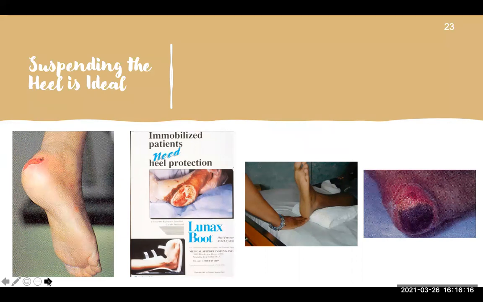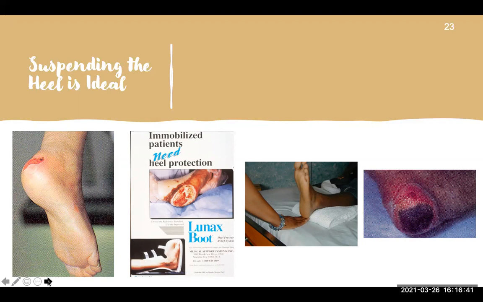We want to caution patients about using donut devices. You may see them bring in their own donut device because these were old things that were used because they believed that was effective in reducing pressure ulcers to the sacrum. We don't want to use them, and we want to discourage patients from using them and educate them.